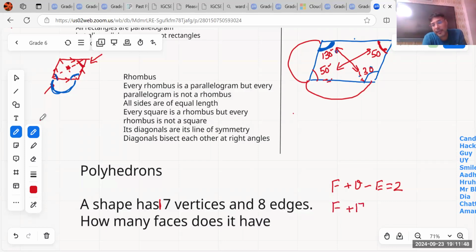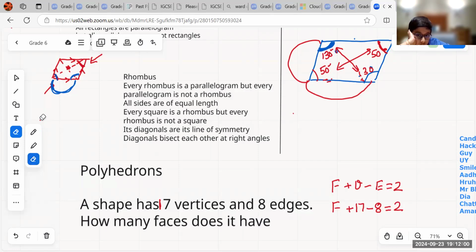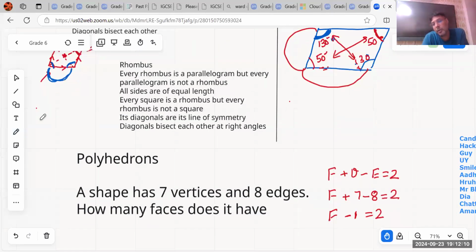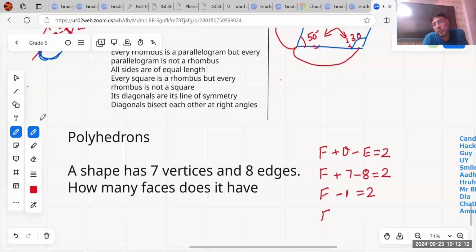F plus 17 minus 8 is equal to 2. नहीं मुझे vertices कम करनी पड़ेंगी. One second guys. So now we'll have to use linear equations. Yes. इसको 7 ही रखते हैं. So I will get f minus 1 equal to 2 and f will be equal to 1 plus 2 that is equal to 3.